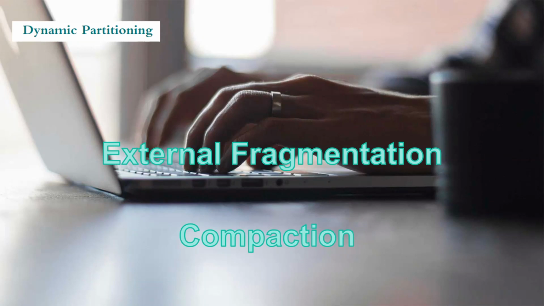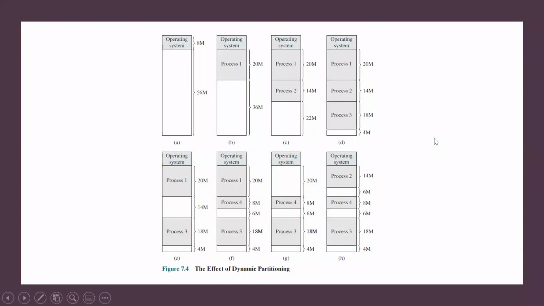One technique for overcoming external fragmentation is compaction. From time to time, the OS shifts the processes so that they are contiguous and so that all of the free memory is together in one block. So as an example here, compaction will result in a block of free memory of length 16 M. This may well be sufficient to load in additional processes.